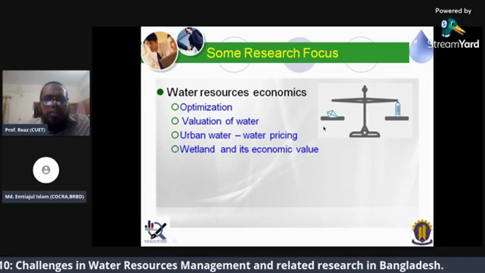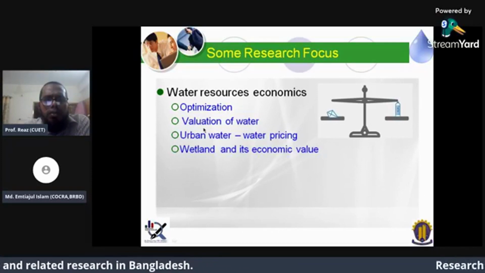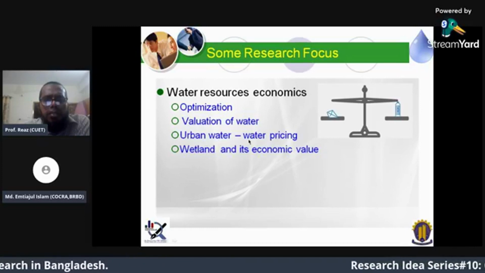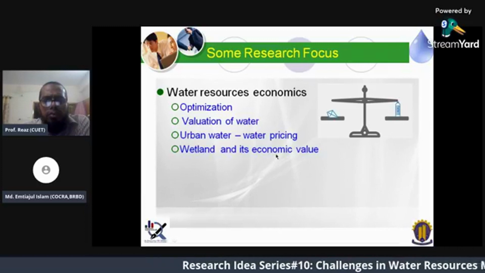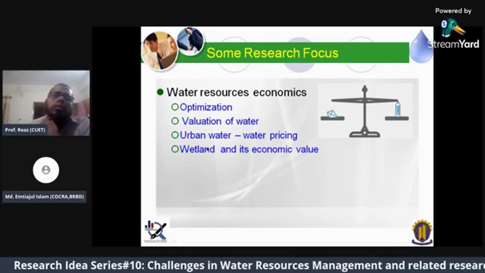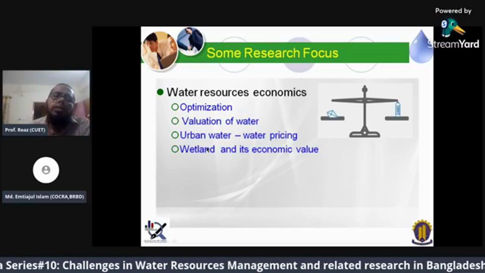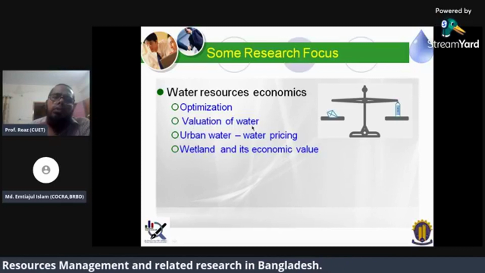So you see, that is why water resources economics is a different area of research, and a lot of work can be done here. The water pricing issue, the wetland and its economic value, is a very important issue. Particularly for wetlands, we can see the Ramsar Convention in Iran, and the valuation of water.